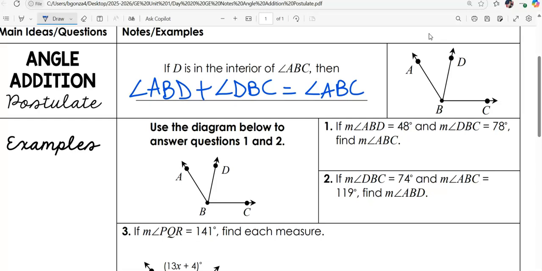Okay? So the left part plus the right part equals the whole thing. We call that part plus part equals whole. Does that phrase sound familiar? Part plus part equals whole. Because we definitely talked about that with segment addition. Okay?